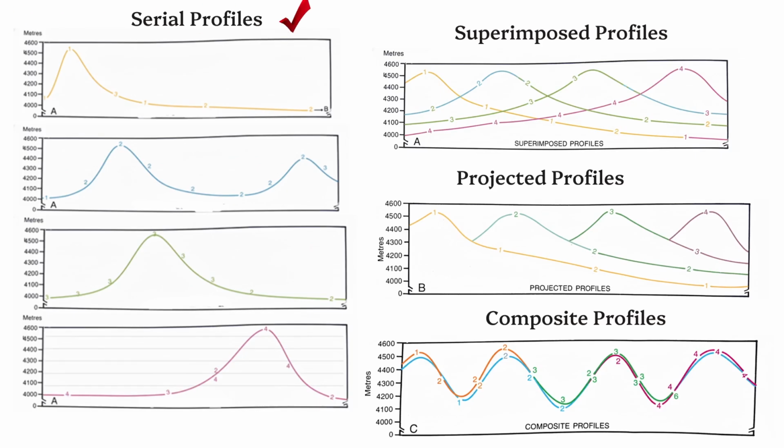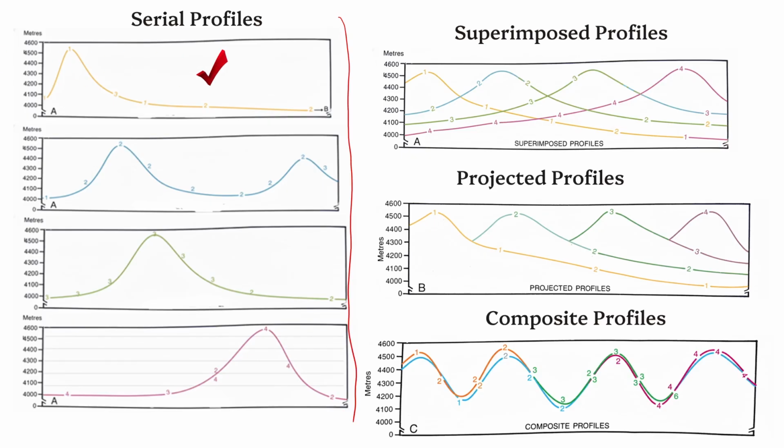Look at the serial profile, superimposed profile, projected profile and composite profile. Serial profile: you take all the parallel or sequential elevations and topography and draw them within a single sheet. That is called the serial profile. Then the superimposed profile: all these serial profiles you draw as only one.